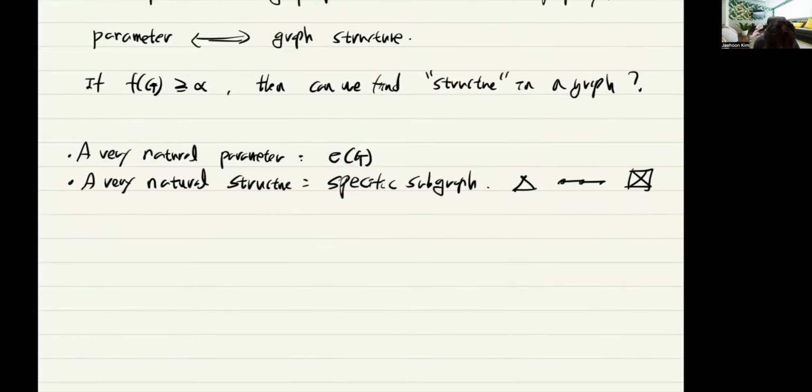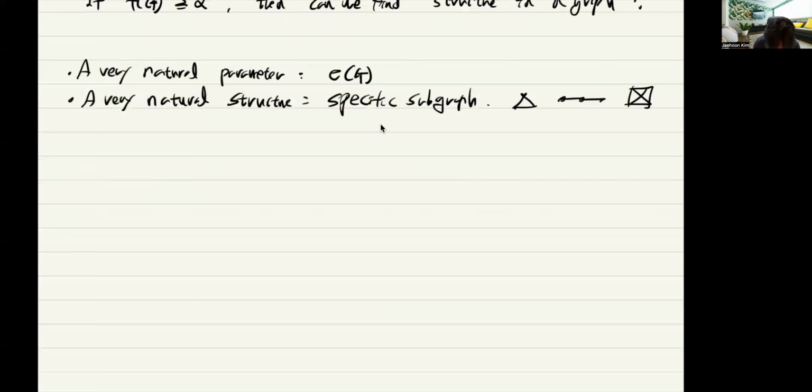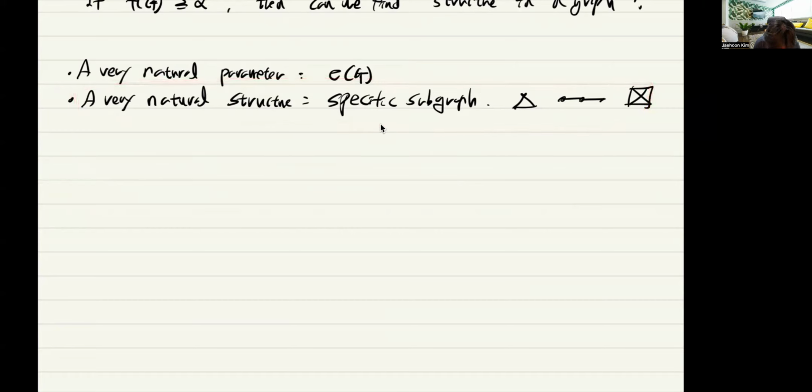Okay, maybe before going to the Turan theorem, I will tell you roughly how we will proceed. So in this course, we will divide the topics into several parts according to the size of the structure that we are looking for. We consider small structure.